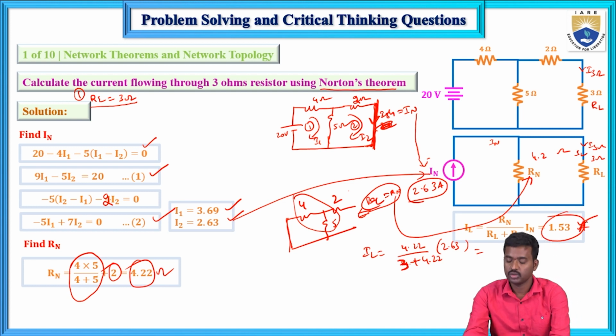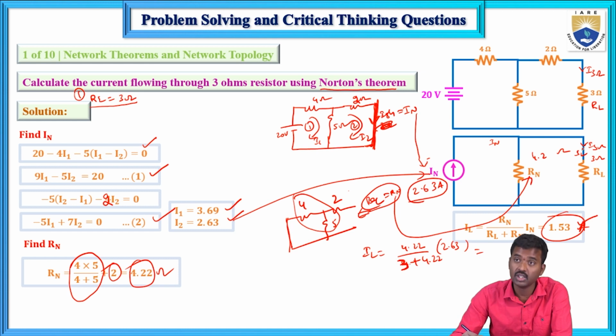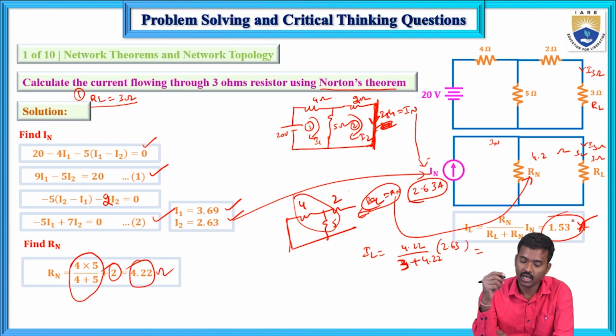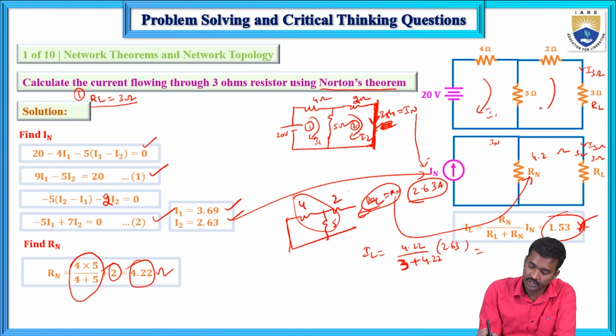So the current flowing through this 3 ohms resistor using Norton's theorem is 1.53. Otherwise, you can calculate from the mesh analysis also, I1 and I2. This I2 current is the current flowing through the 3 ohms resistor. If you do that, you will get the same I2 value, 1.53. This is the first problem.